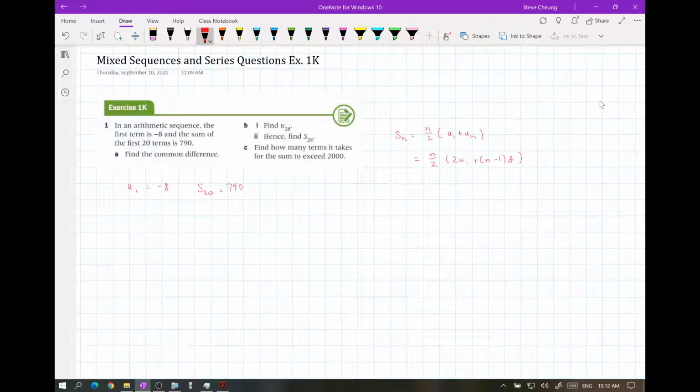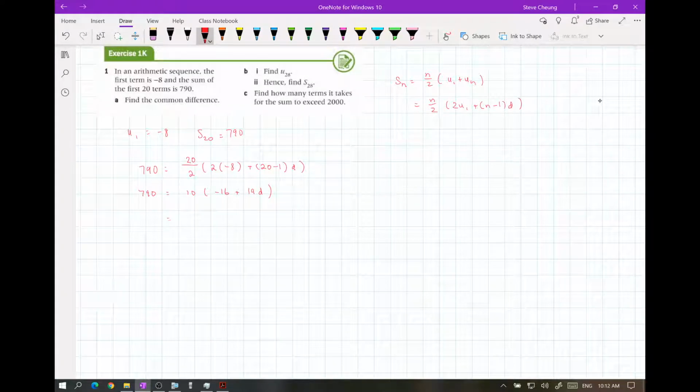So I'm going to do 790 equals, n is 20 because it says the first 20 terms sum, and the first term is -8. So now we're actually just looking for d. Let's simplify what we can. This is 19d.